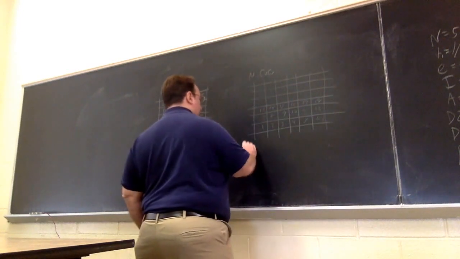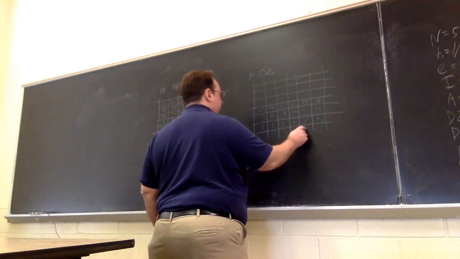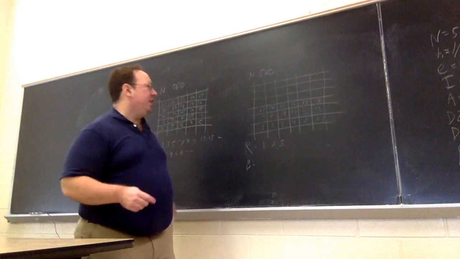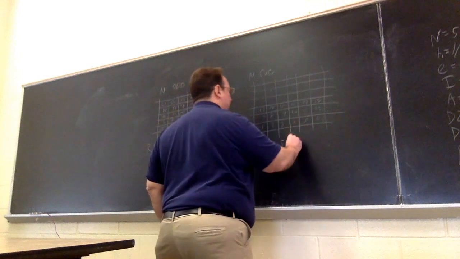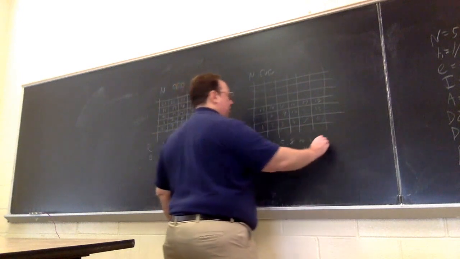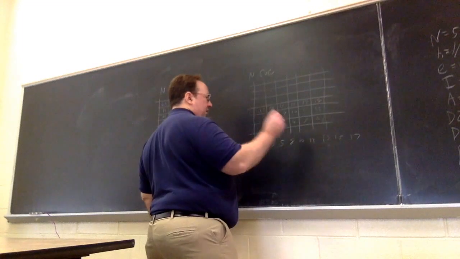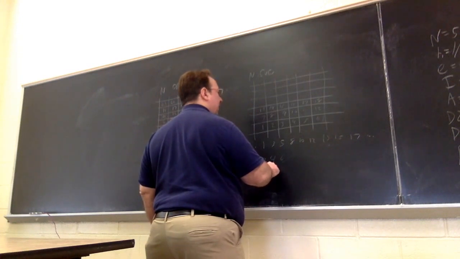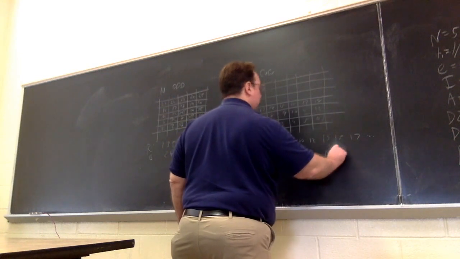My red cells would be, first it starts out with the odds, 1, 3, 5. But then when we move to the next row, I can't continue with the odds because those odds are situated above the red cells from the previous row. So now I just switch to evens. 8, 10, 12, and then I can go back to odds, 13, 15, 17, and so forth, until I get to the end. Then when I go back, same thing, 2, 4, 6 for the black cells, and then 7, 9, 11, and then 14, 16, 18.